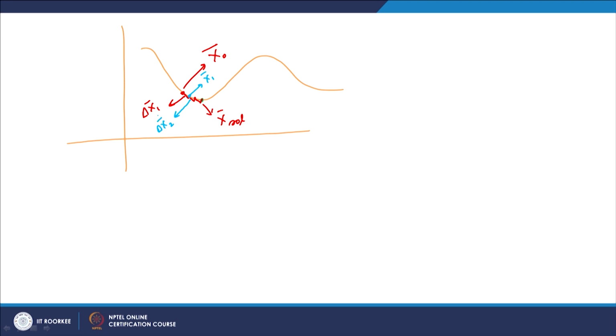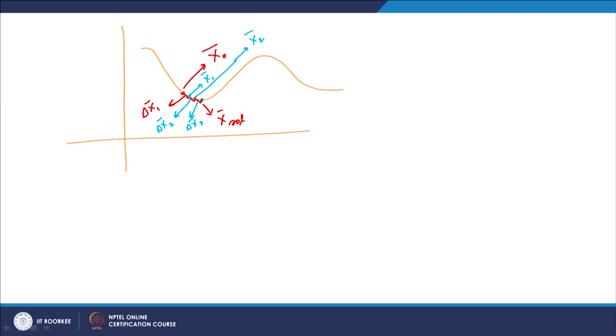After that we calculate delta x2, some distance, then we reach this point x2, and then we keep on doing this. After that I again do delta x3, and then we reach this solution. So essentially we have started with an initial guess, calculated small distances and tried to approach my solution.